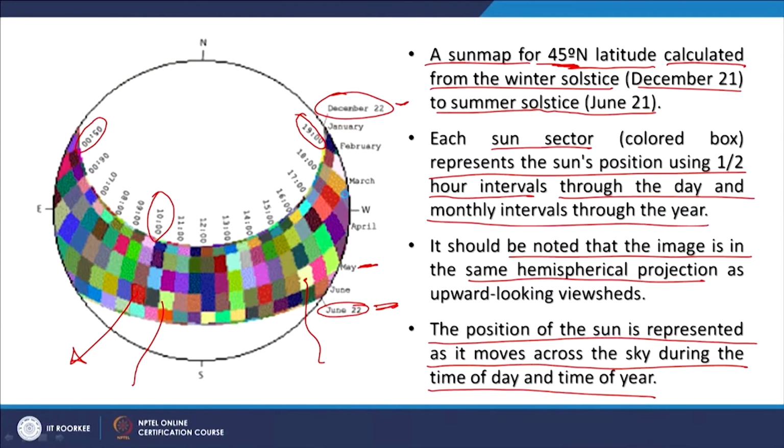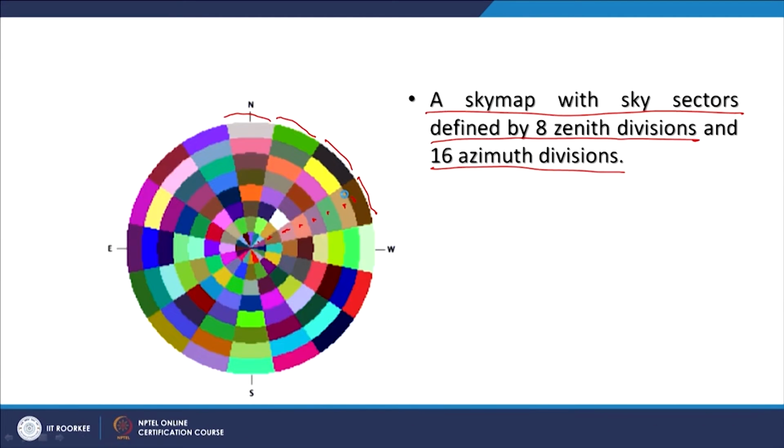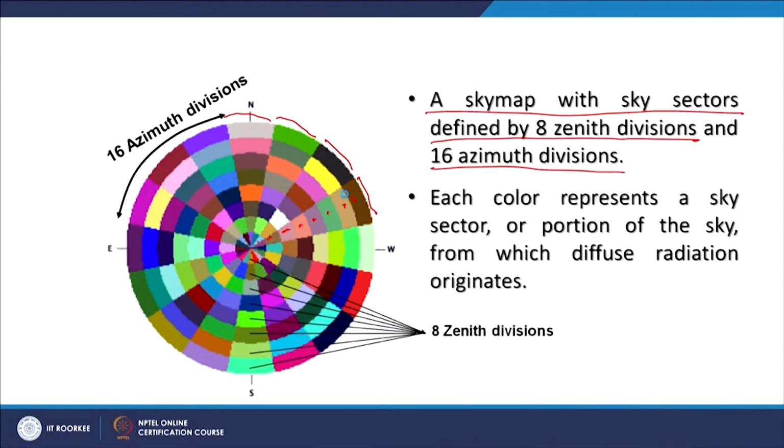That is why just a band in this viewshed is available to us. Whereas when we come to diffuse radiation, it is estimated from all directions. It is assumed that diffuse radiation will reach from all directions. So that is why this kind of calculation is being done.